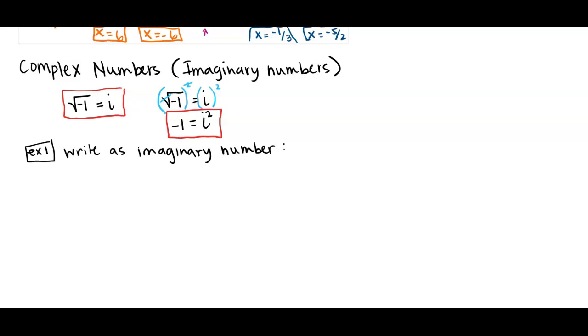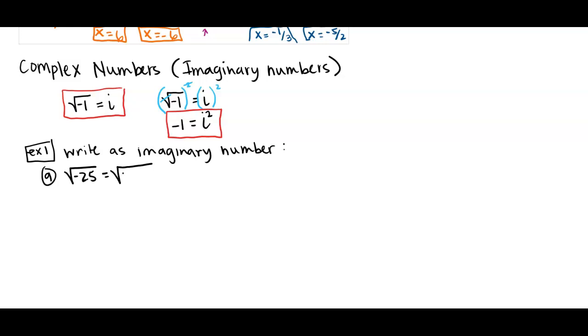Okay, so let's do this first. There are a few parts here. So part A, if I want you to rewrite the square root of negative 25, right, because we can't have a negative number inside a square root and have a real answer. We're going to have an imaginary number. So I could break this down, since I have that negative 1, it's really saying negative 1 times 25.